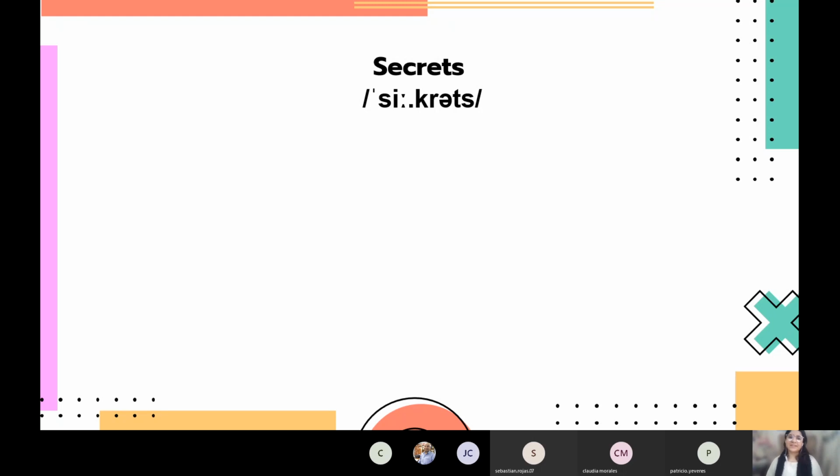So the second word is secrets, from Harry Potter and the Chamber of Secrets. How many syllables does this word have? 2. That's correct. So this one, how is its structure? If the other ones were CVC, how is the structure in these ones?